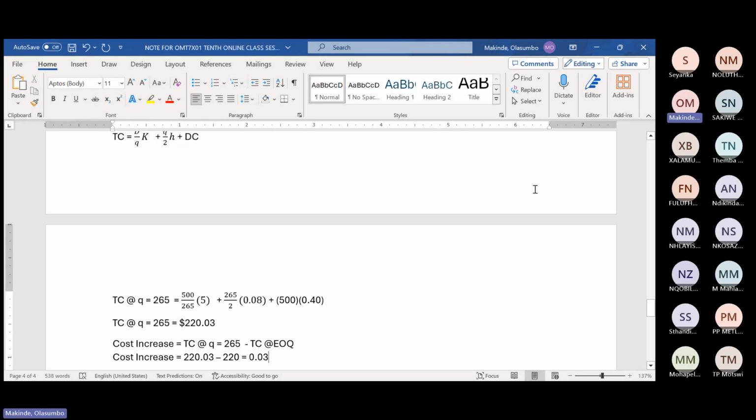So if you look at this, that is the answer. You can see it's $0.03. So that means the money difference is not too much, and that is the answer to that. You can also have this question, then I provide options, so you know how to do that. So any question with this? Does this make sense?